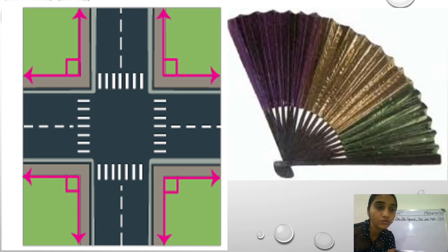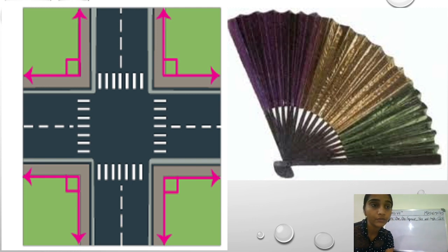Okay, let me show you another image, students. Yes, what about this? Yes, it is a hand fan which people usually use. Okay, so students, we are depicting two rays over here, the connection of the roads, interrelated.